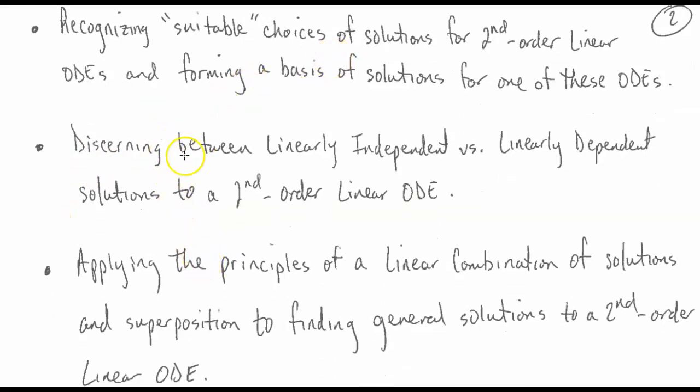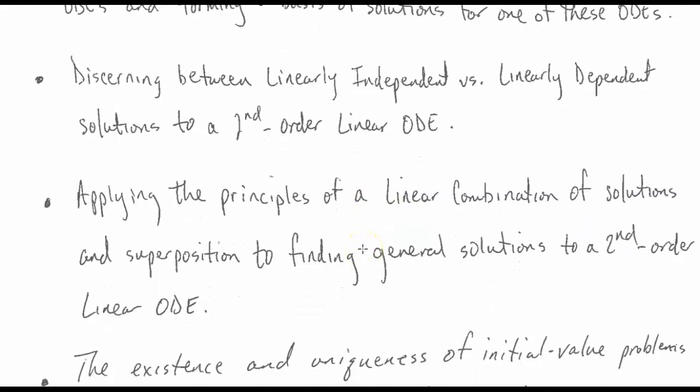So recognizing suitable choices, we want to be able to discern, in other words, tell the difference between when we have two solutions that are linearly independent versus linearly dependent for a second order linear ODE. And we want to apply the principles of linear combinations of solutions and superposition to find general solutions to a second order linear ODE.